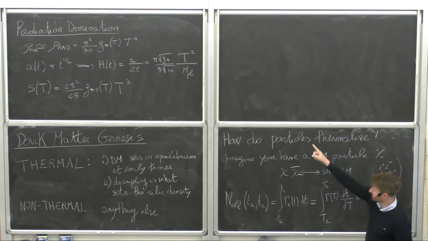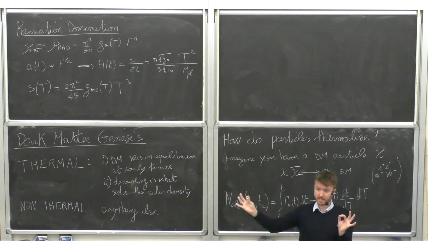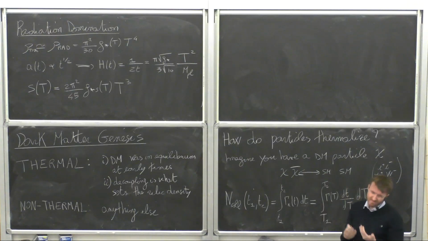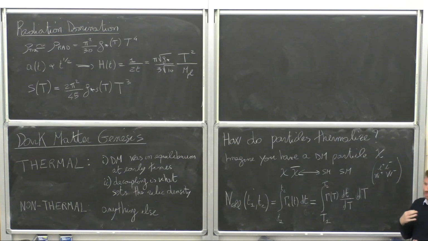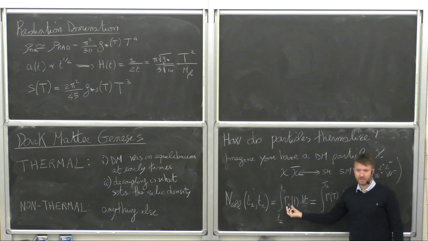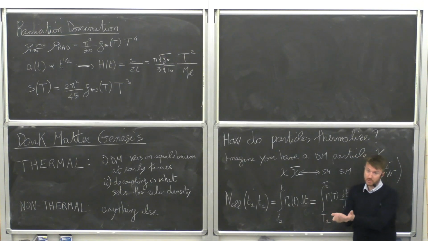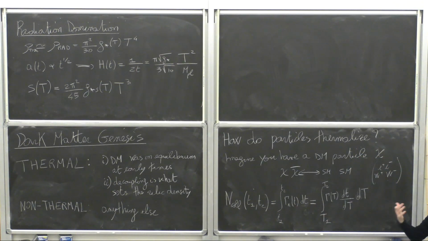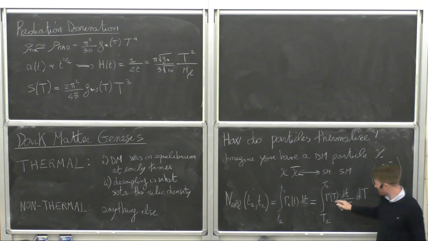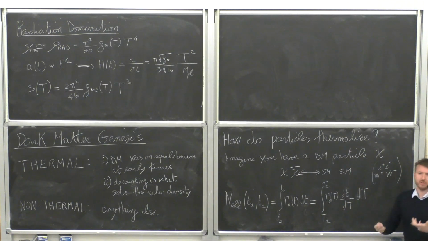So for each time, I can assign a temperature of the bath. So very often actually, it is convenient to use the temperature as the evolution variable and not the time. Why? Because these rates are usually known as a function of the temperature in a very simple form. Not surprisingly, because the temperature tells us the typical energy of bath particles, how abundant they are. So it's easy to express the rate, gamma chi, as a function of temperature. As a function of time, the expressions are less obvious, okay? So I just did the change of variable in the integration.